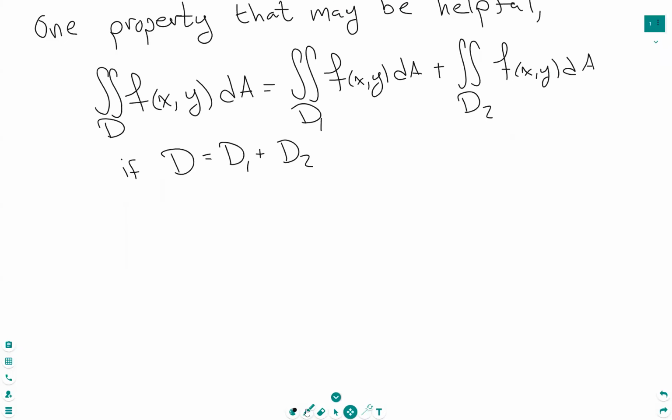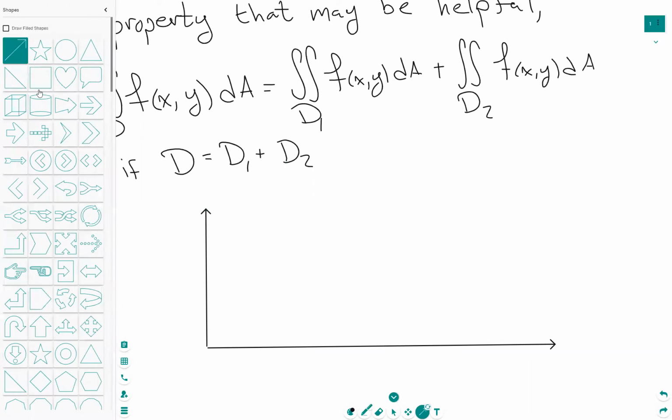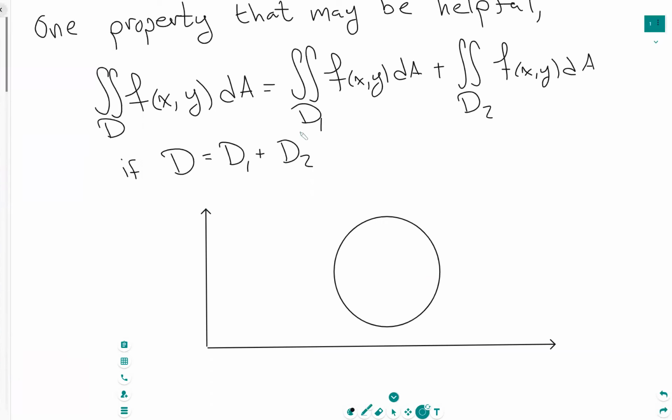So imagine maybe in the XY plane, the region D doesn't look like a type 1 or a type 2. A good example of this is actually a circle or an ellipse.